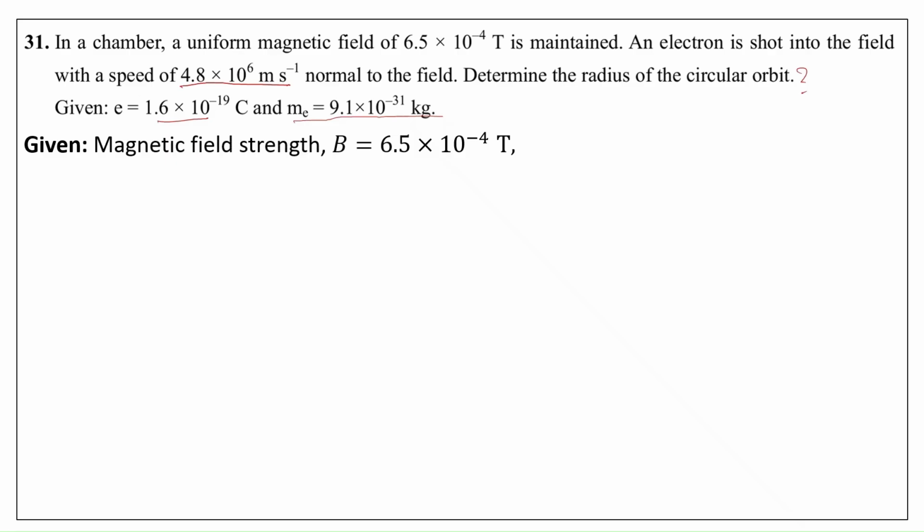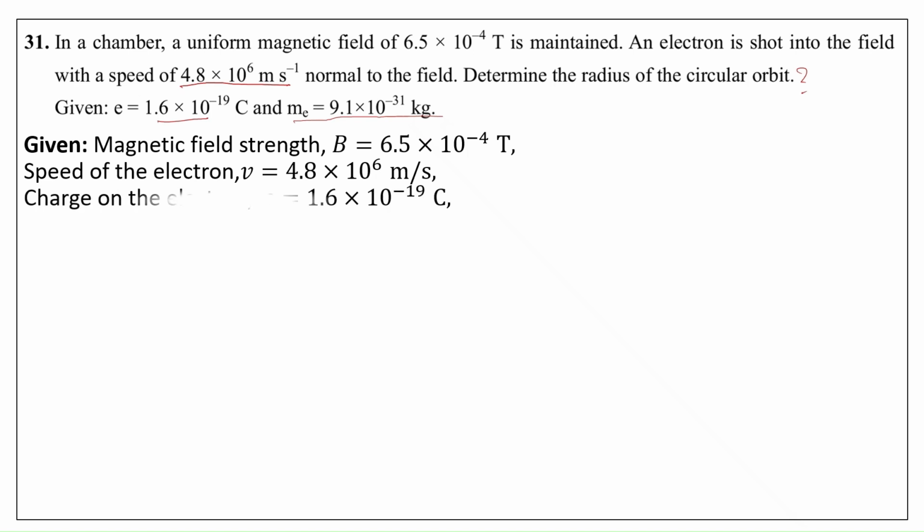Answer. Given: magnetic field strength B = 6.5 × 10^-4 Tesla. Speed of the electron v = 4.8 × 10^6 meter per second. Charge on the electron e = 1.6 × 10^-19 coulomb.